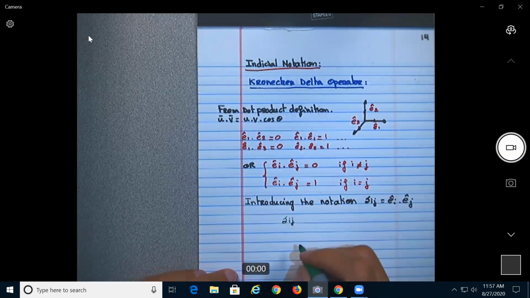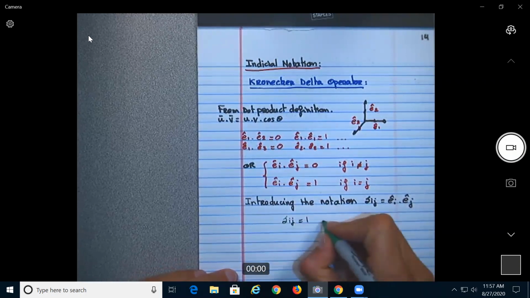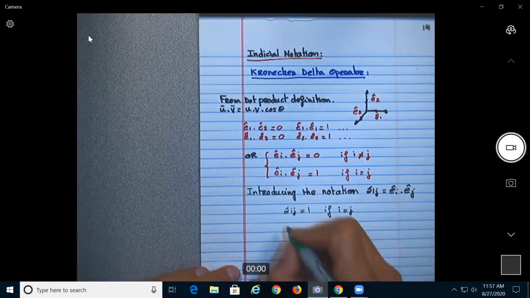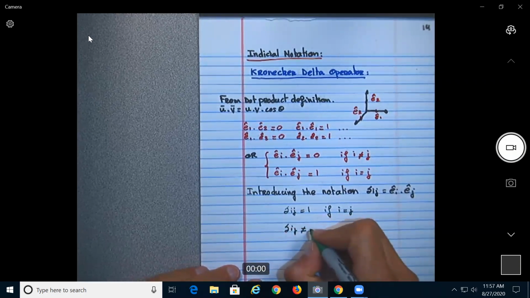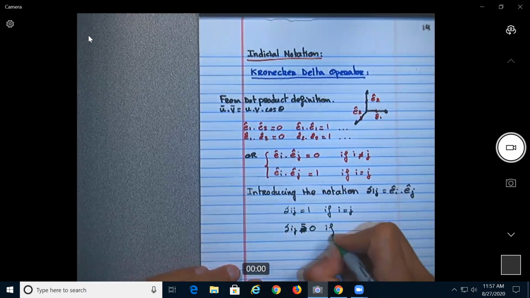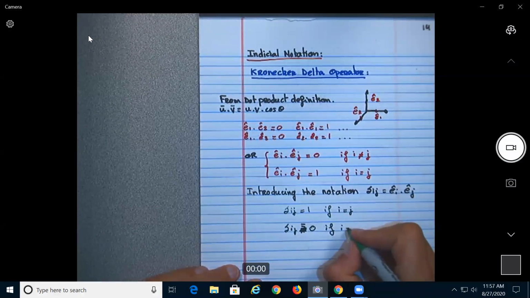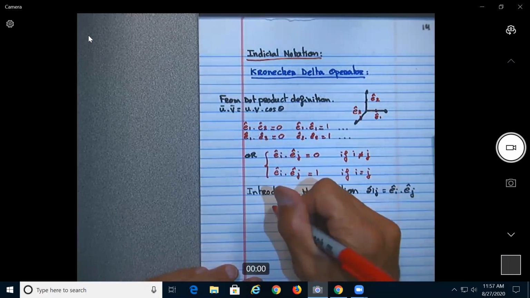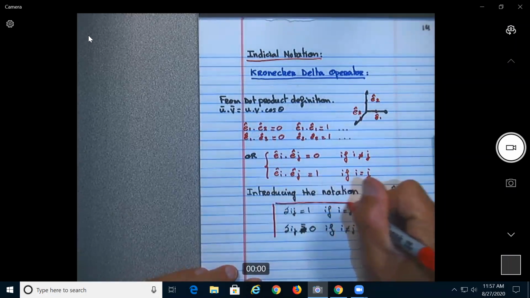Delta ij will be equal to 1 if i equal to j, and delta ij will be equal to 0 if i is different than j.